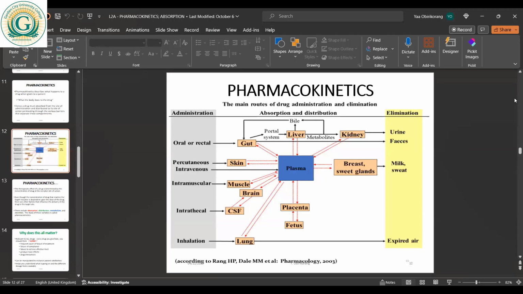We tend to crush nifedipine and give it to our patients. Now when you crush it, you destroy most of the drug. Aside from the gastric juices, stomach acids and enzymes destroying it, most of the drug will be destroyed and will not get into systemic circulation for you to see the effects.